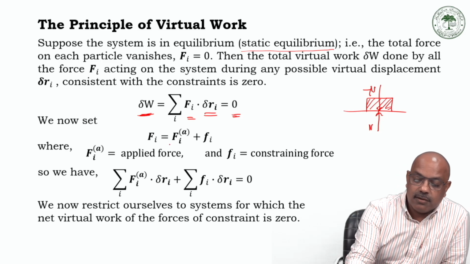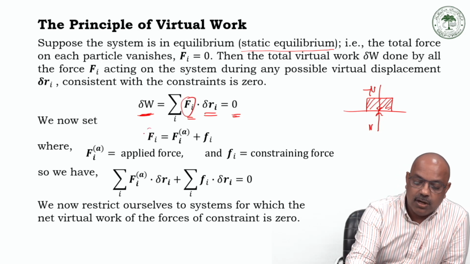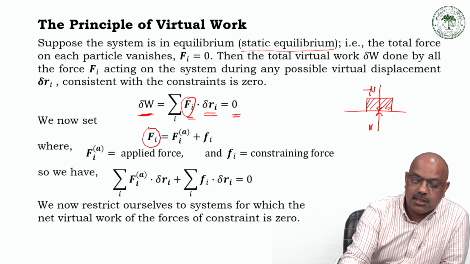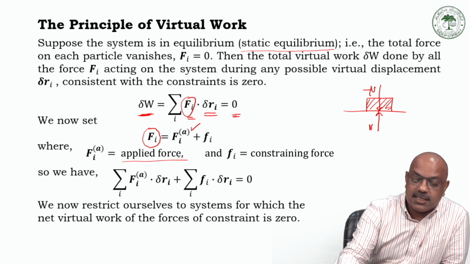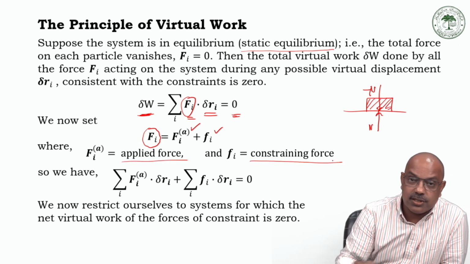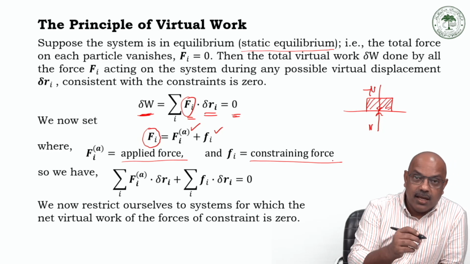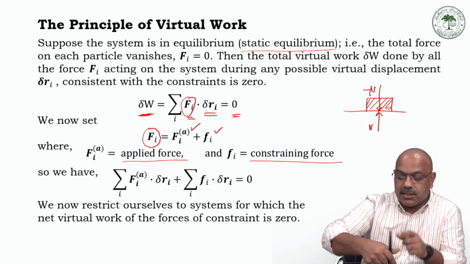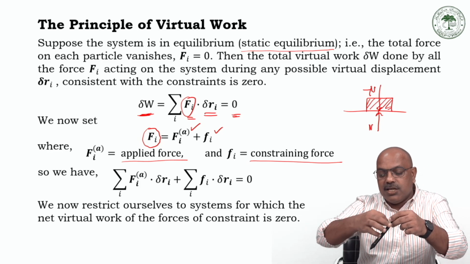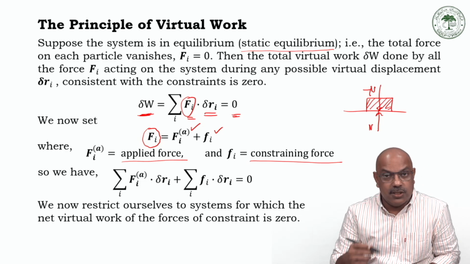So now this Fi here, which is all types of forces that can act on the system, one is which we are applying, the applied forces, and the second is the constraint force, like in a pendulum. You have the weight of the force, but the tension in the string is the constraint force which you are not applying.